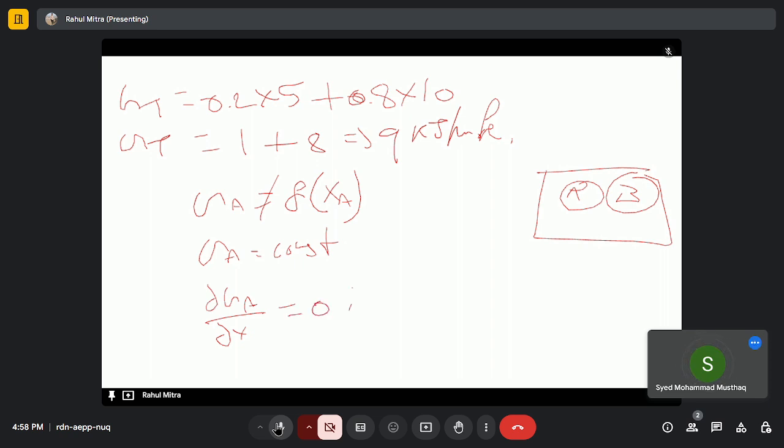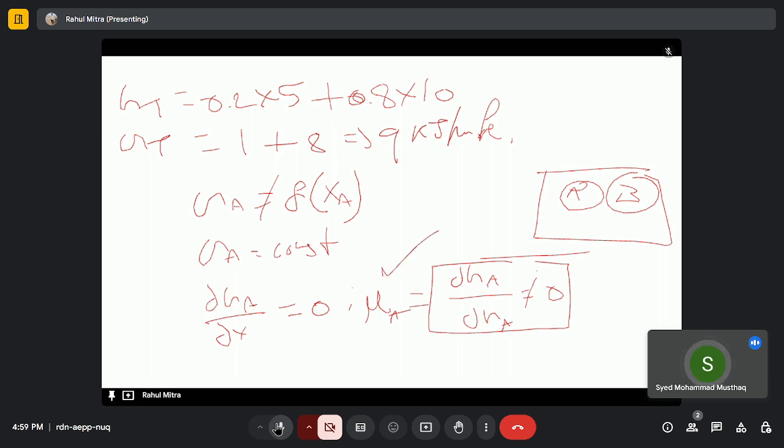Now, what happens in alloys? If I add a small amount of A atoms, then this is not equal to a constant, and therefore we introduce the chemical potential. What does chemical potential mean? Chemical potential means the change in free energy of the system when a small amount of A moles are added.